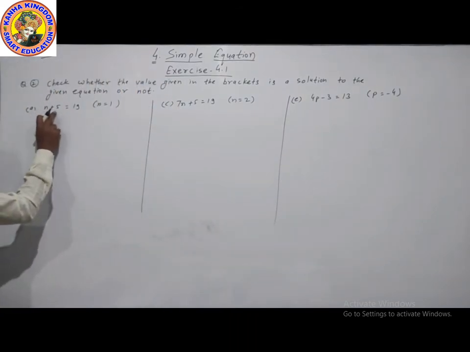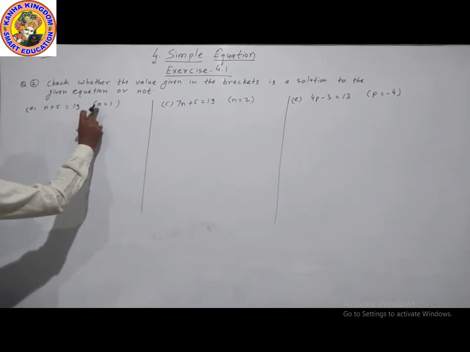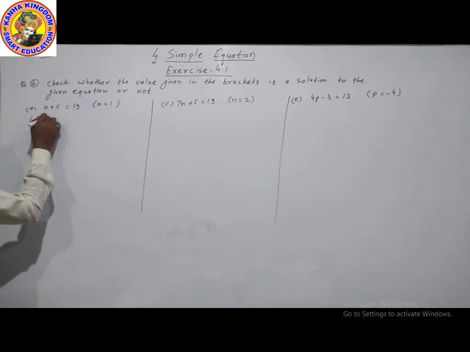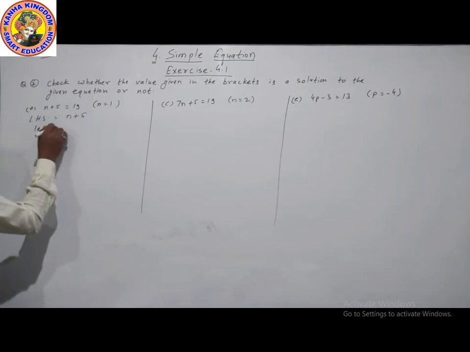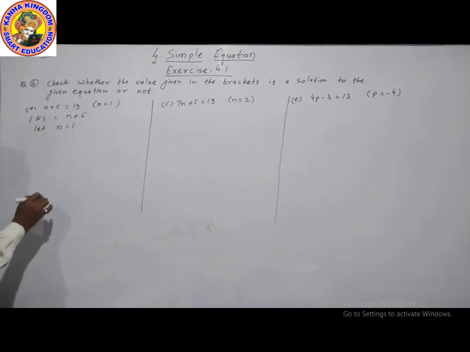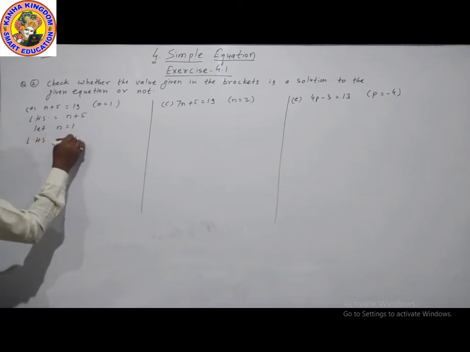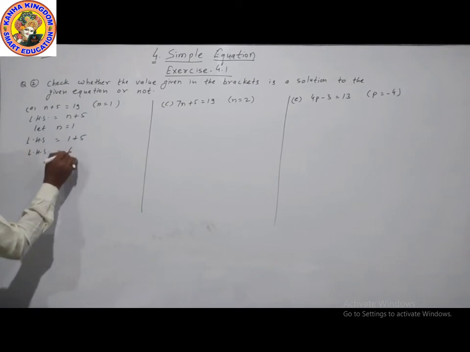Part A, n plus 5 is equal to 19. Given value is n equal to 1. Let's take left hand side is equal to n plus 5. Given value n is equal to 1. Putting the value in left hand side, it is equal to 1 plus 5. The solution of left hand side is 6, but answer is 19.